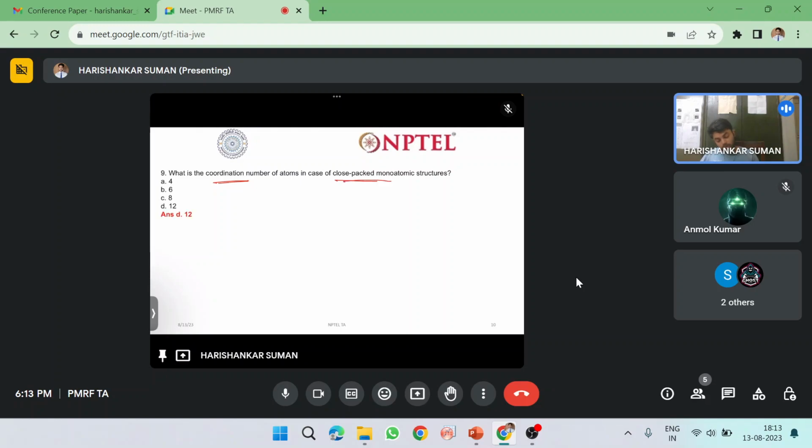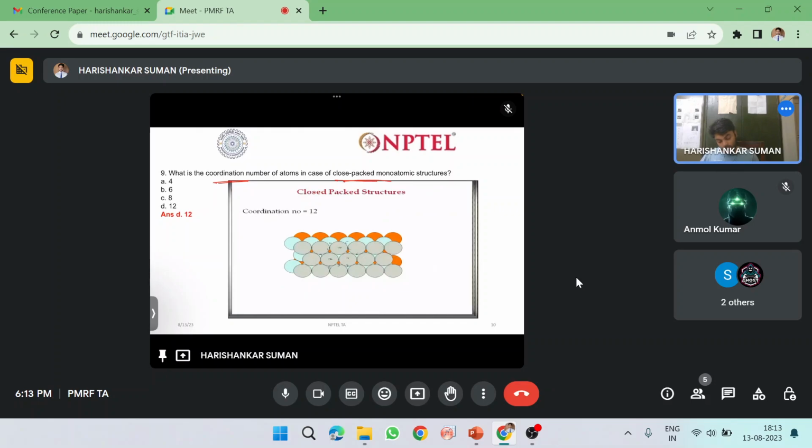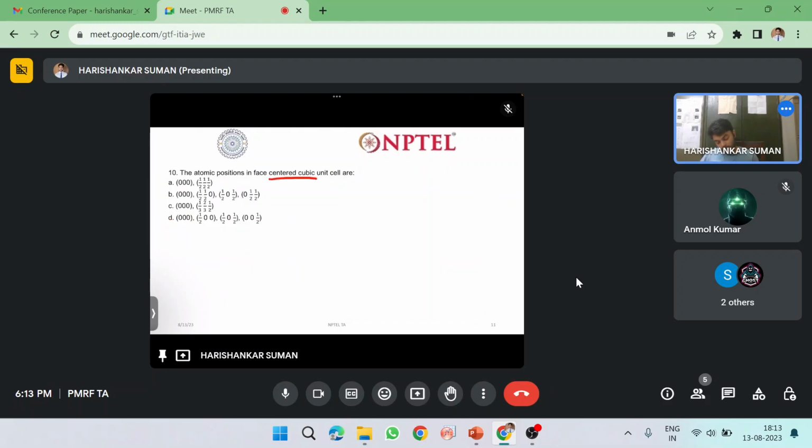Close-packed monoatomic structure is 12 for the 3D system. Okay. FCC. So one is what we consider at 0, 0, and another is the adjacent faces.